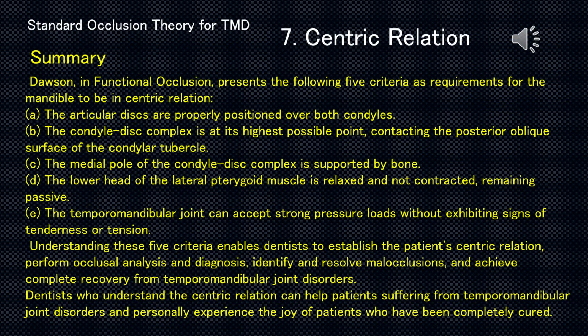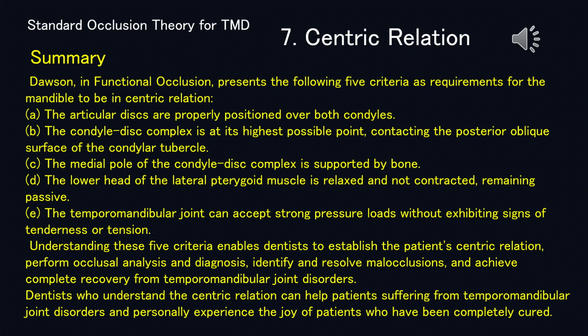Summary. Dawson, in functional occlusion, presents the following 5 criteria as requirements for the mandible to be in centric relation. A. The articular discs are properly positioned over both condyles. B. The condyle disc complex is at its highest possible point, contacting the posterior oblique surface of the condylar tubercle.